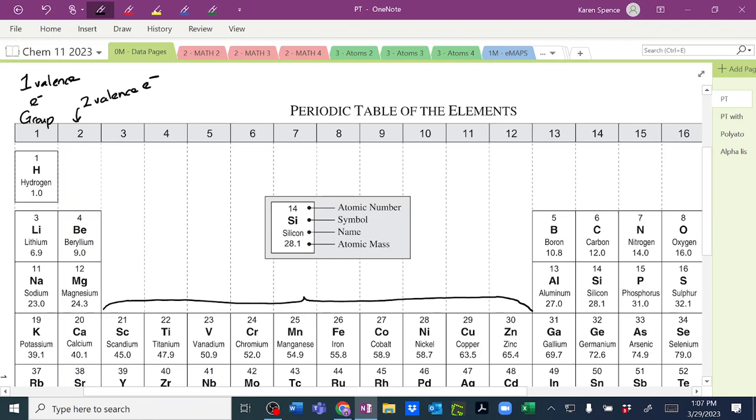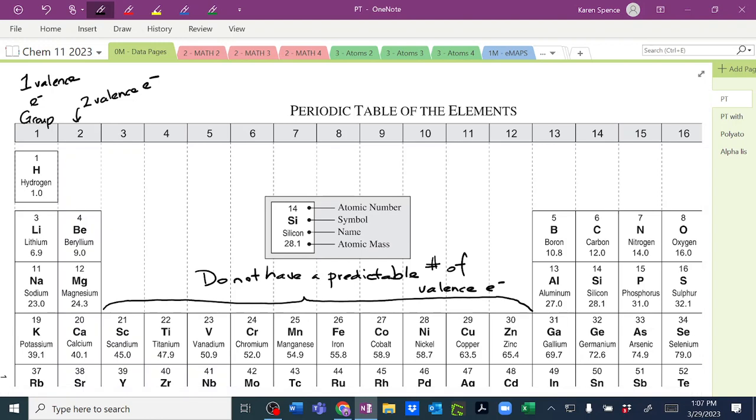So I would never ask you how many valence electrons are in iron, because it doesn't work the same way, okay? And if you're wondering where you could write this, there is a periodic table at the front of your book on page 1. These do not have a predictable number of valence electrons, so we don't have to worry about this. Groups 3 through 12, don't worry about it.